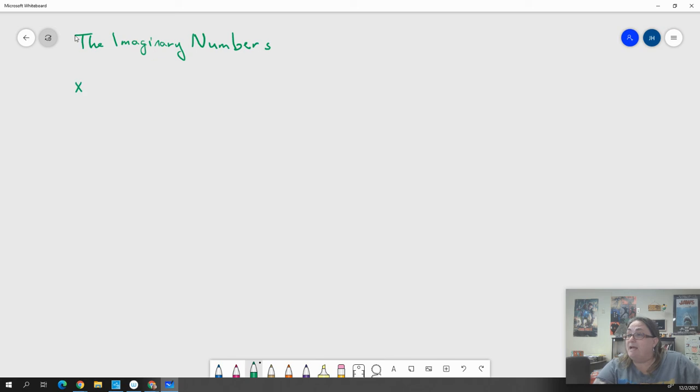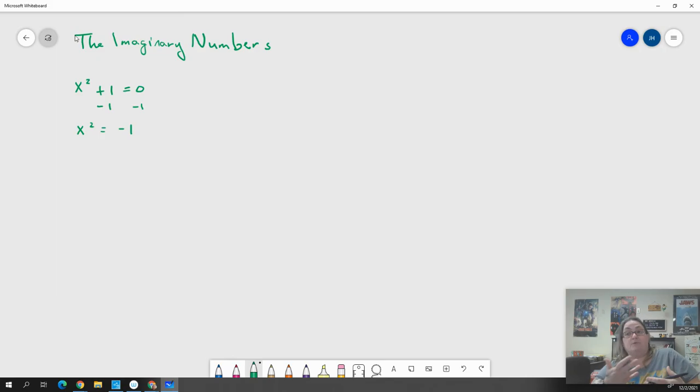Back in the day when we had problems like x squared plus 1 equals 0, which is kind of an equation we were working on before, right? We got this x squared, and if we were going to use a square root to solve it, we would just move the 1 over, and we would wind up with x squared equals negative 1.